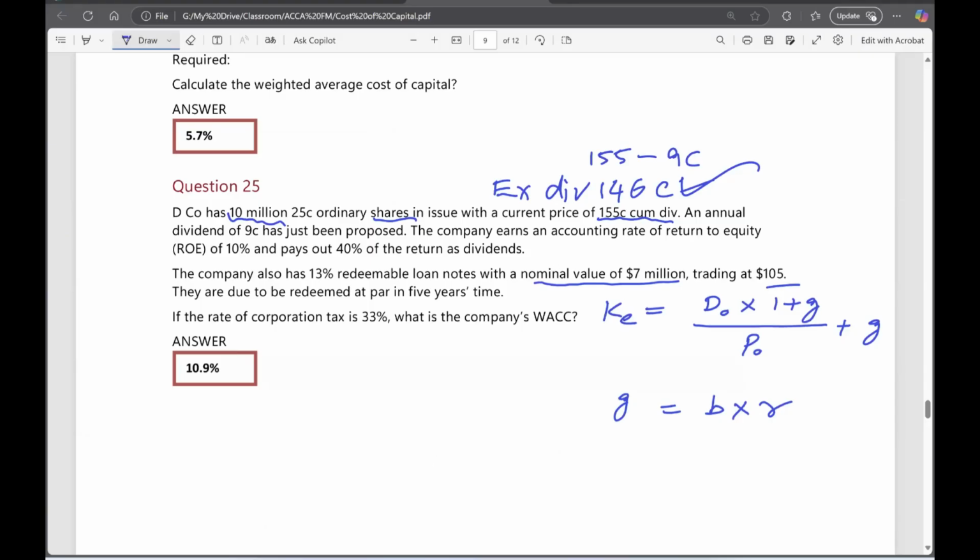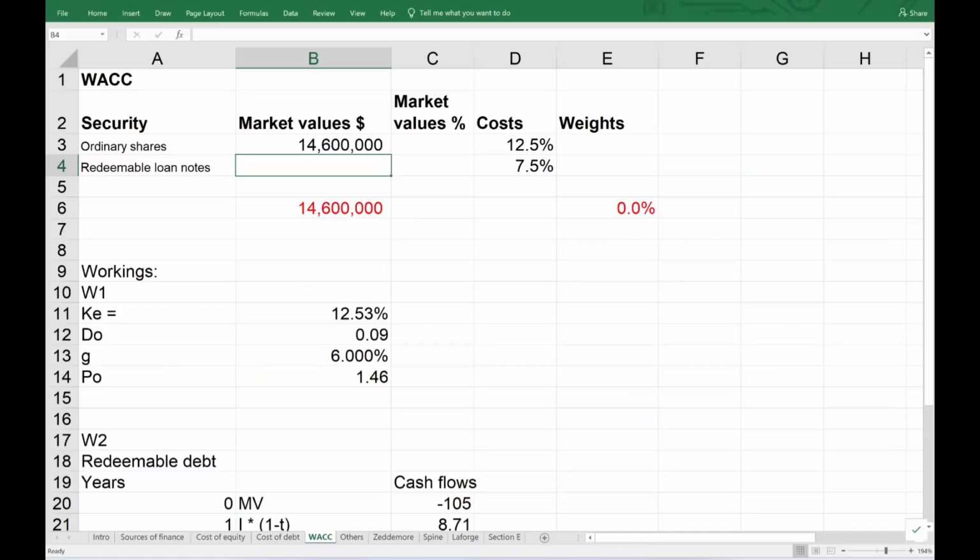So 7 million divided by par value. How many loan notes you issue? 70,000 number of bonds you issue. Multiply the market value, which is 105. So that is the market value of the redeemable bonds.